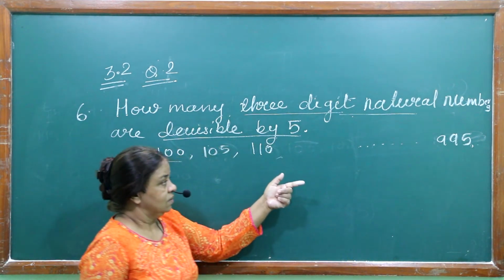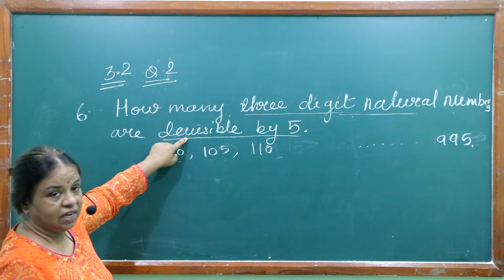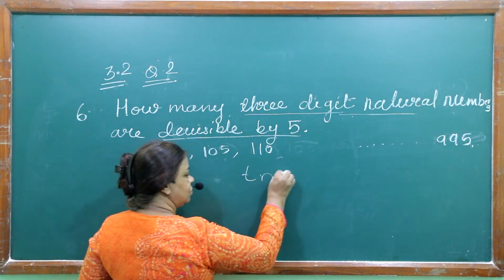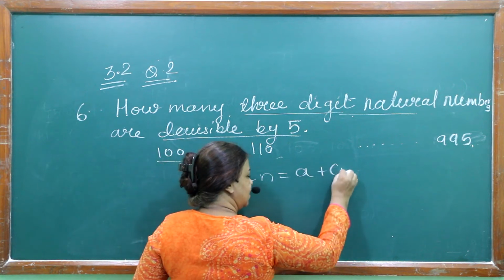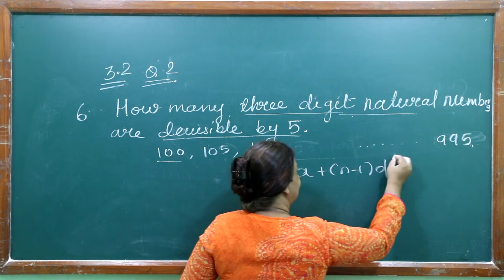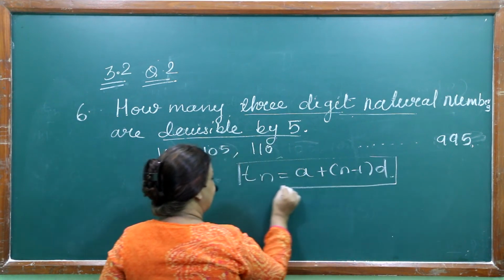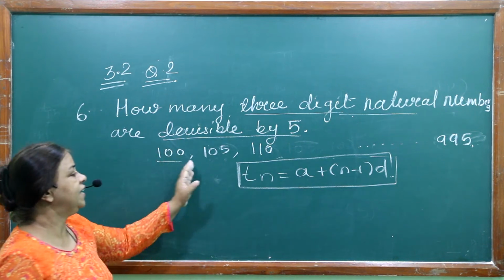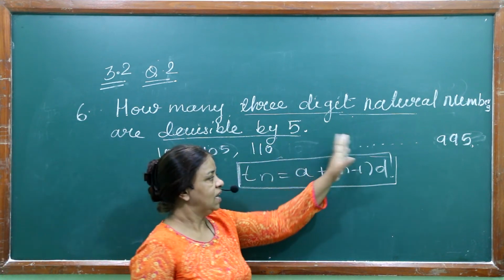But by using the formula Tn is equal to A plus n minus 1 into D, children, I can tell how many numbers are there which are divisible by 5. So you don't need to write each and every number and then count.